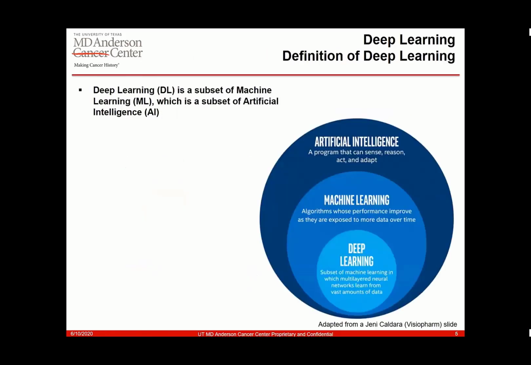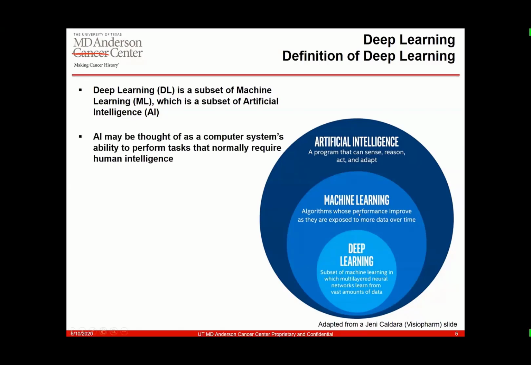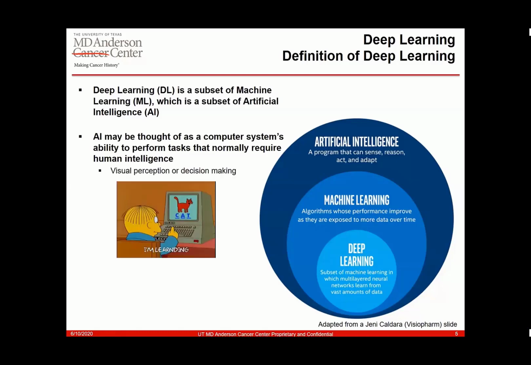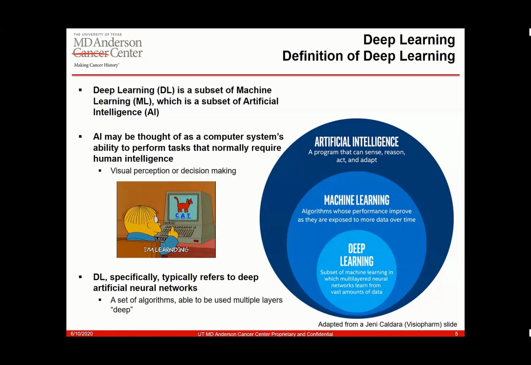So what is deep learning? Well, you've probably all seen some version of this slide if you've ever seen a lecture in artificial intelligence, but it's a subset of machine learning and a subset of artificial intelligence. So what that means, more specifically, is if AI is thought of as a computer's ability to perform tasks that require human intelligence, like visual perception or decision making, deep learning specifically refers to artificial neural networks.